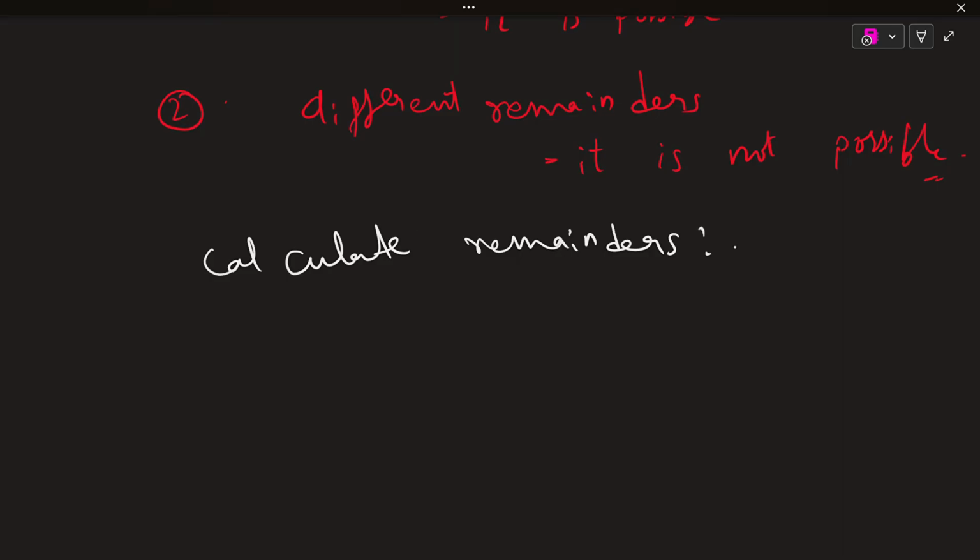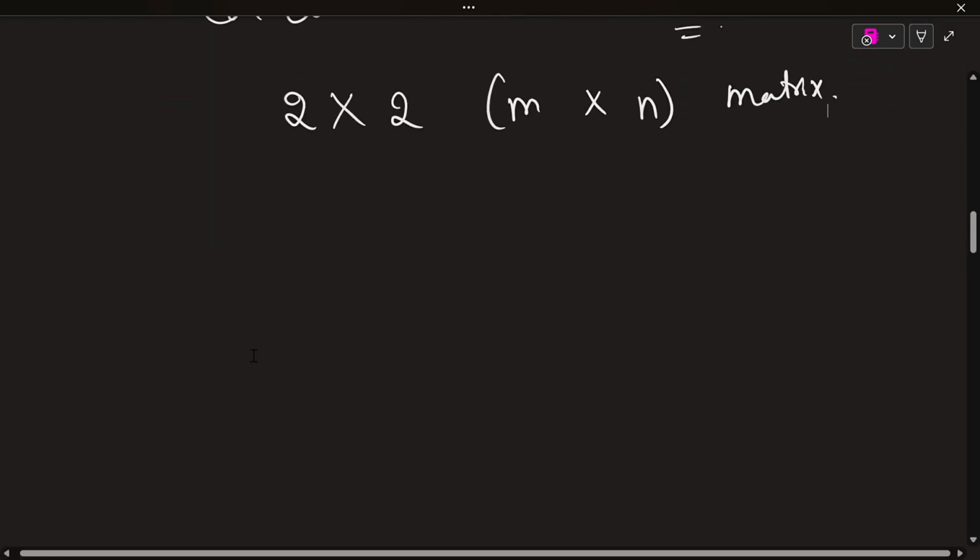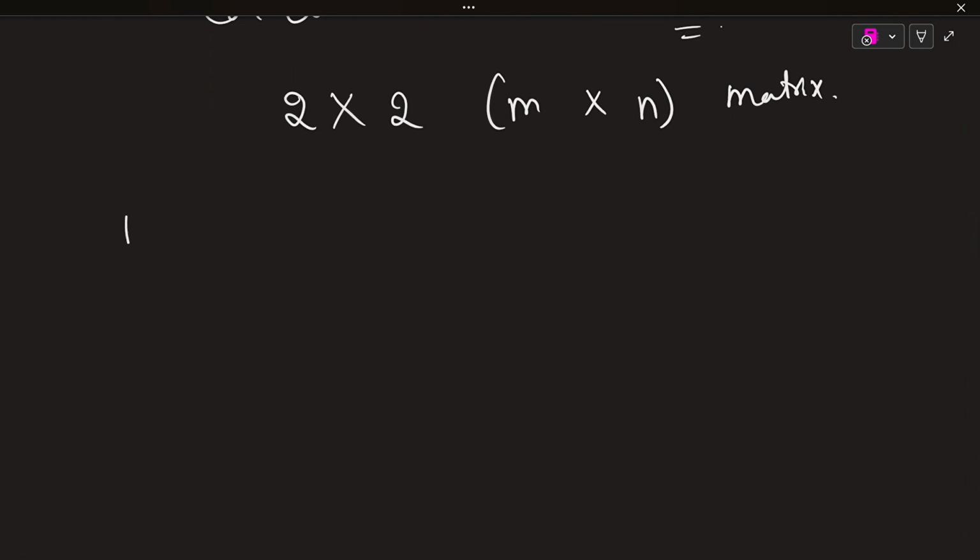For calculating remainders, we are given a 2 cross 3, that is an M cross N matrix. Is it possible to make it a 1D array? Yes, it is possible, my dear friend.